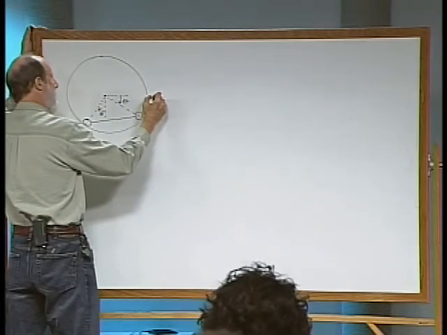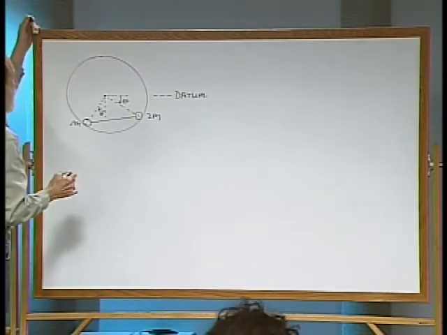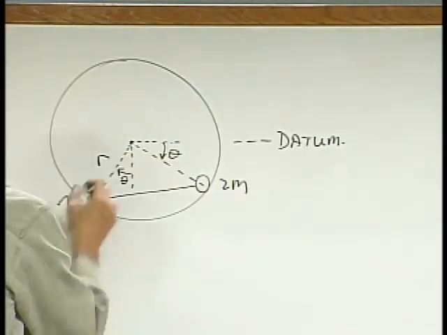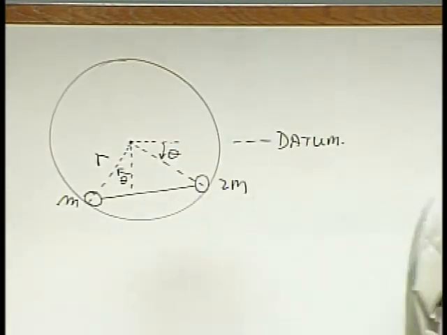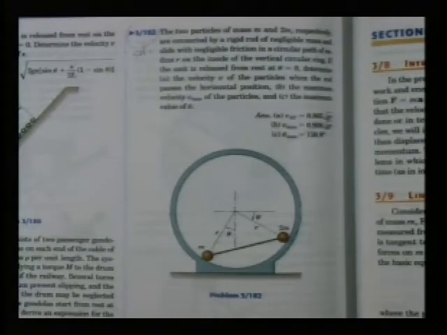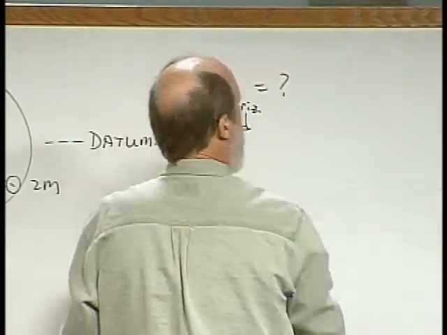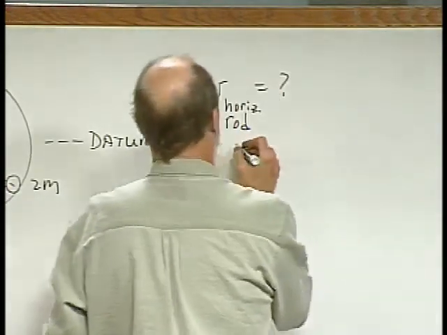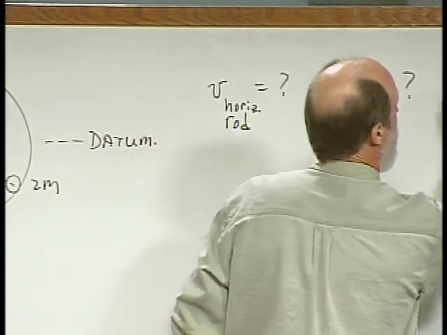So if we call the datum right here, write our equation based on that, this is some radius r, then the three pieces we were looking for were the velocity when they're horizontal, we were looking for the maximum velocity, and we're also looking for theta max.